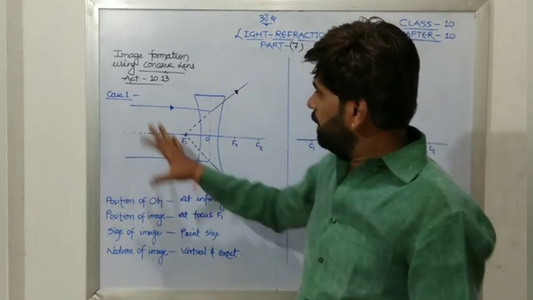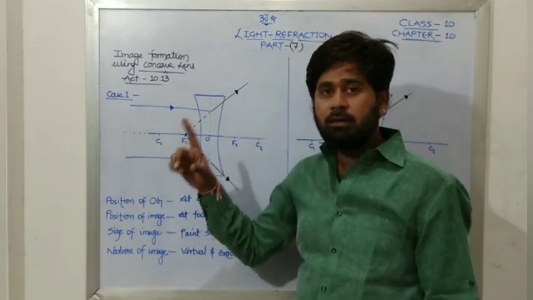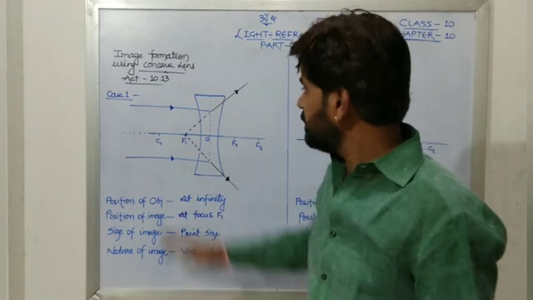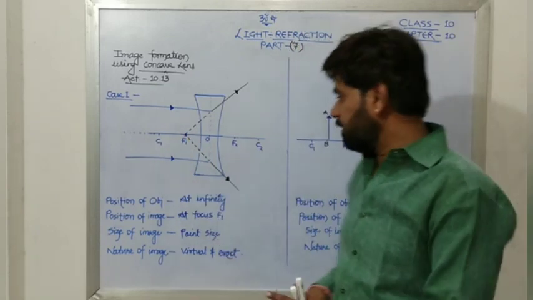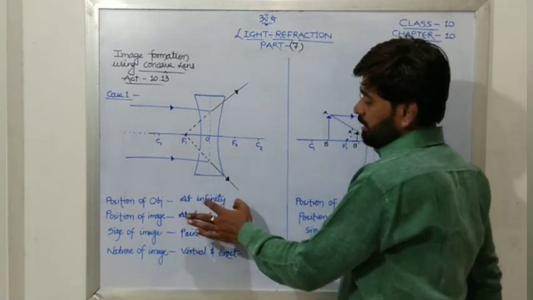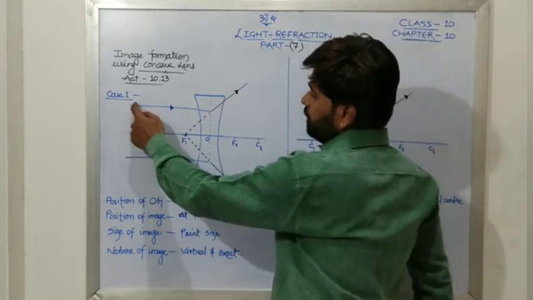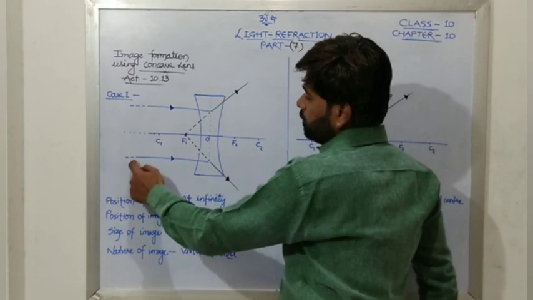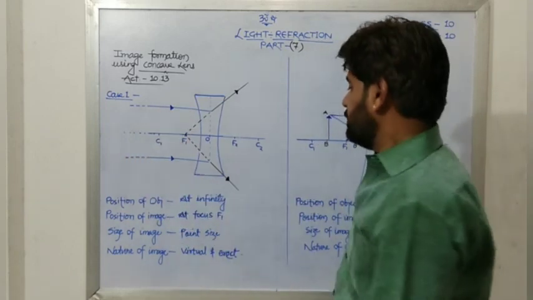In case number 1, similar to what we did for the convex lens, we do for the concave lens. Let us take the position of the object at infinity, meaning light is coming from infinity.